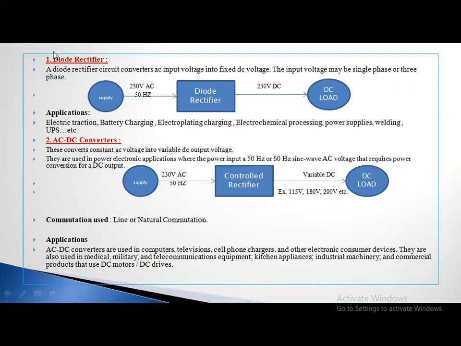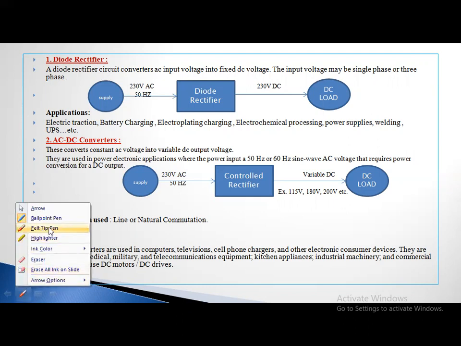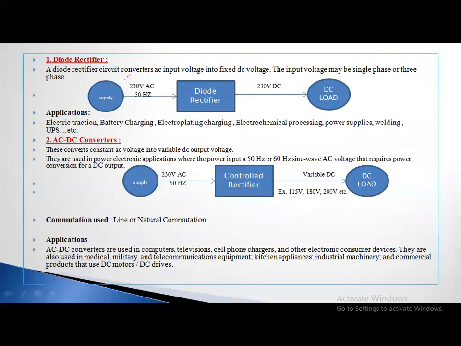For example, here I have mentioned fixed 230 volts and output is also 230 DC. Fixed है ना? So 1 or 2 volts may be variation. अगर 230 volts आपने input दिया है, you will get the 210 volts, 220 volts.